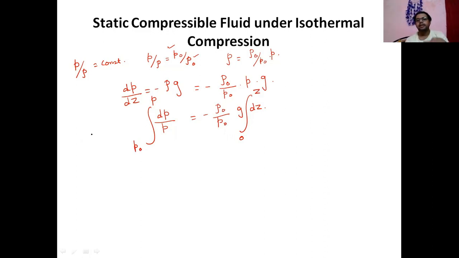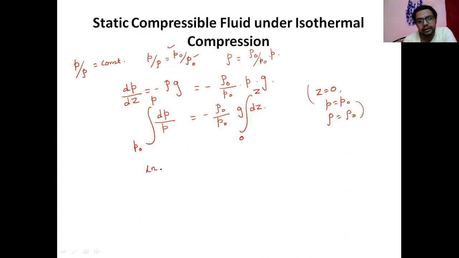So with the z variation from 0 to z, your pressure is varying from P0 to P. Initial condition at z equal to 0: P is equal to P0 and rho is equal to rho 0. That is the initial condition. If you're varying z, what would be the variation for the isothermal fluid, static compressible fluid?